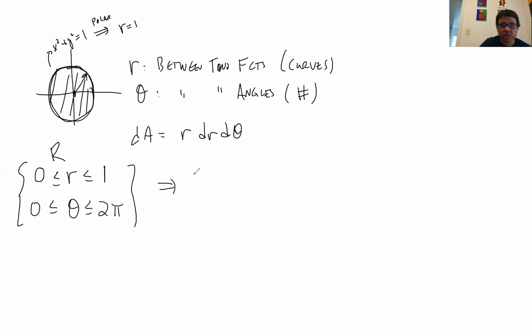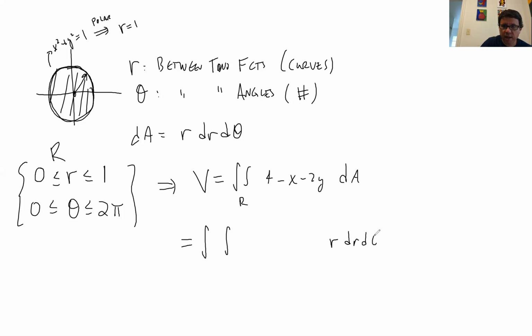So that means that the volume, which was the double integral over the region of 4 minus x minus 2y dA, can now be written in polar with dA becoming r dr d theta. The r curves go from 0 to 1. They look like numbers, but they're actually curves.